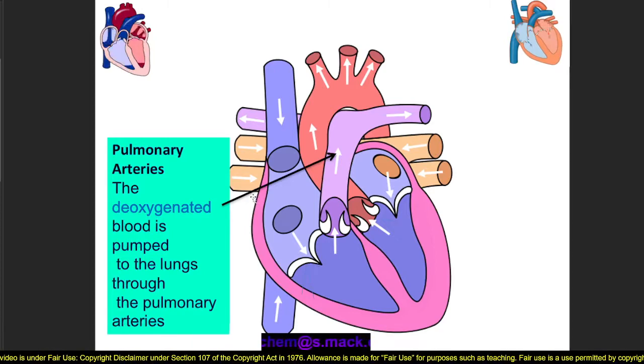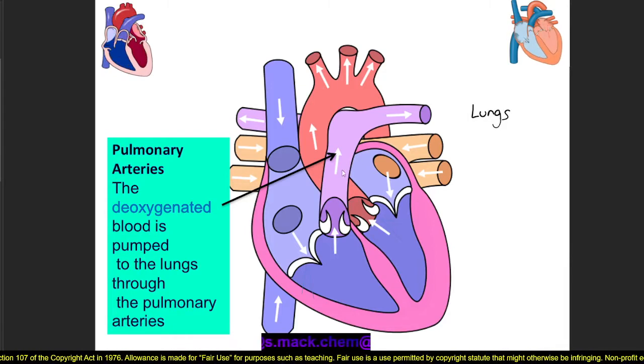Let's look at how this deoxygenated blood left the heart and got to the lungs, and then how it returns from the lungs back to the heart.